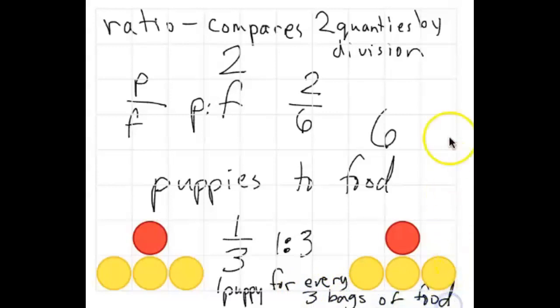So that's kind of an introduction to what a ratio is. It compares 2 quantities by division, and these quantities are not part of the same whole, they're not part of the same set. We're comparing 2 very different things.